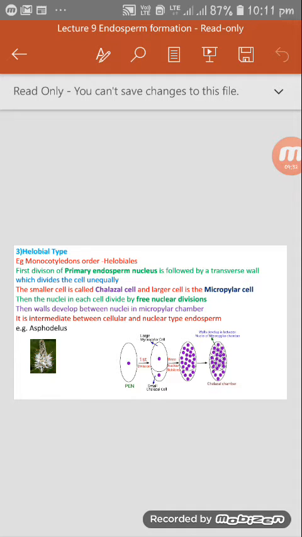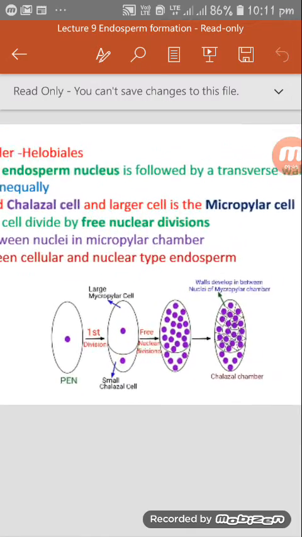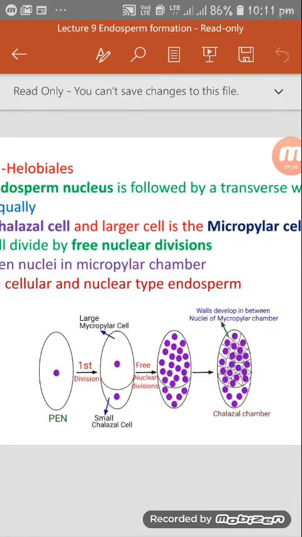The first division of the primary endosperm nucleus is followed by a transverse wall which divides the cell unequally. Look at the diagram.